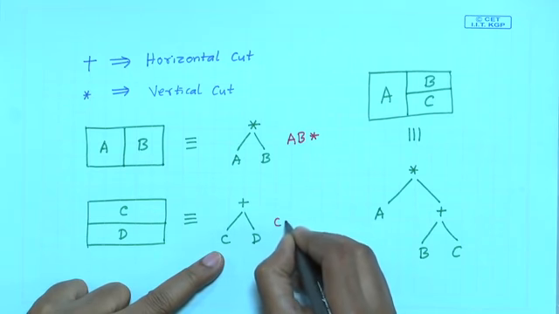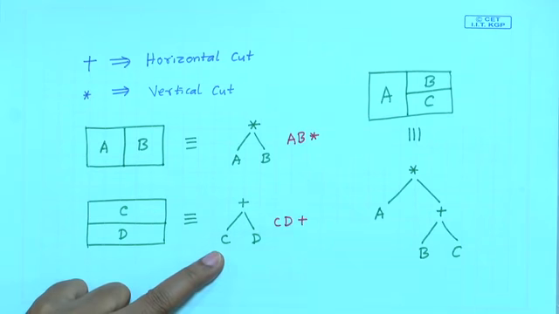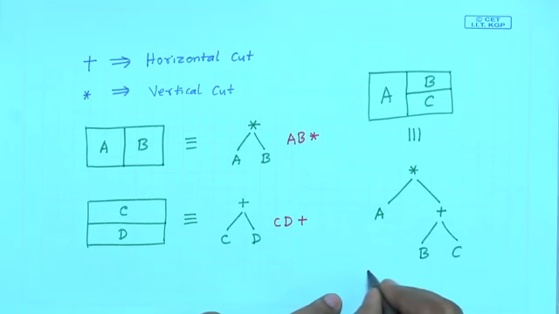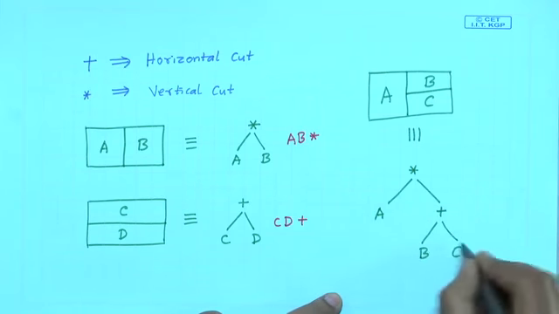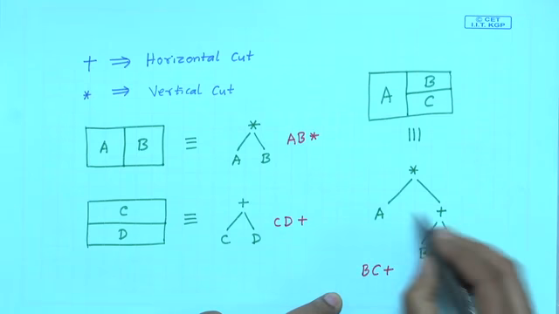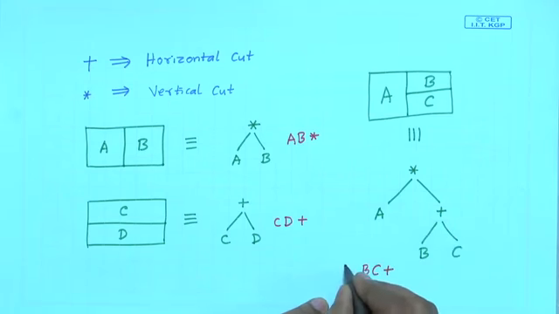This I write as C, D plus. This one I write as, first this one will go B, C plus, I first do this, then A and this, then A, this whole thing star. This is how Polish postfix notations are written, and this is a unique notation, this does not need any parenthesis or brackets.